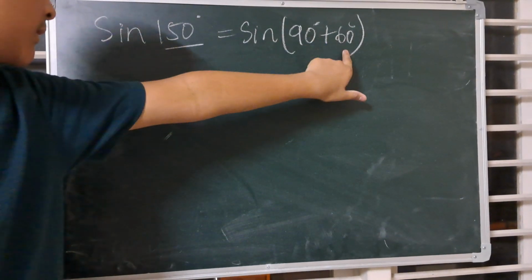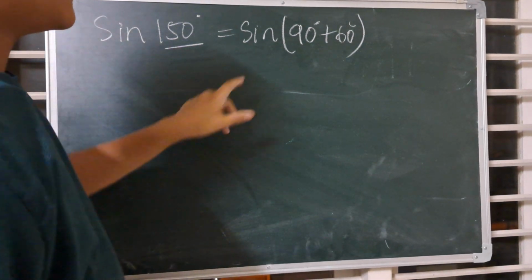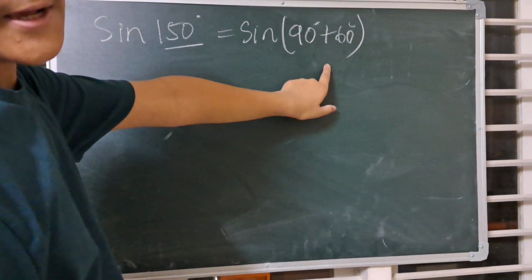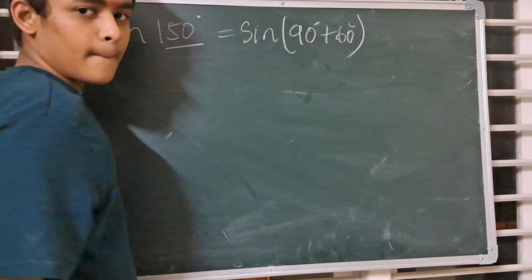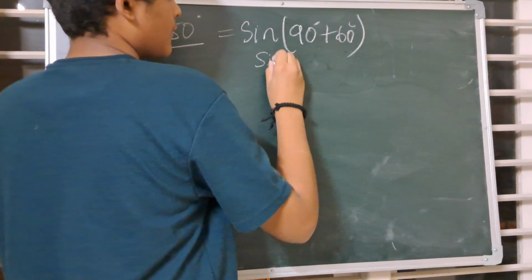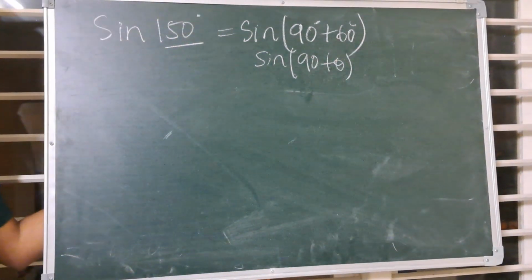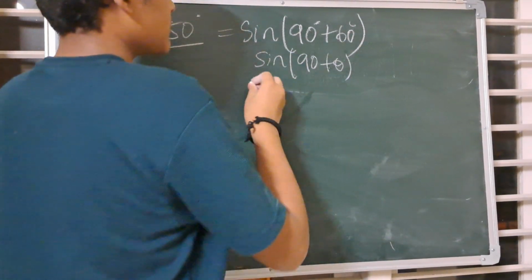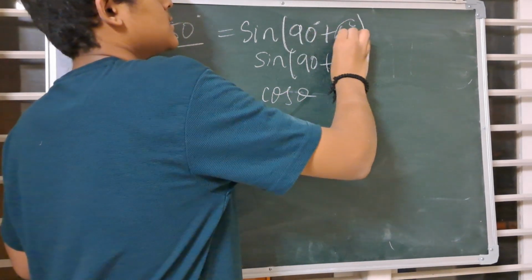So 90 plus 60 is 150 degrees. This looks like sine of 90 plus theta. So what is sine of 90 plus theta? It will be cos theta. Theta means this value.